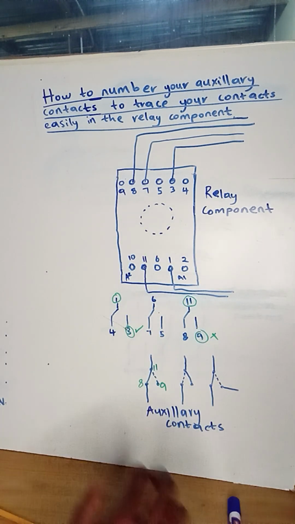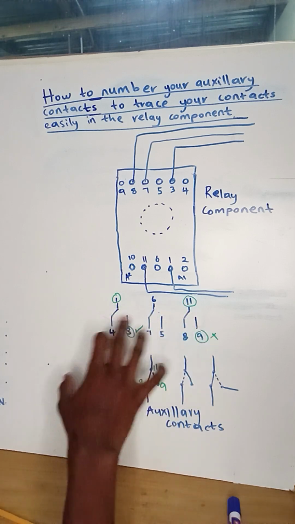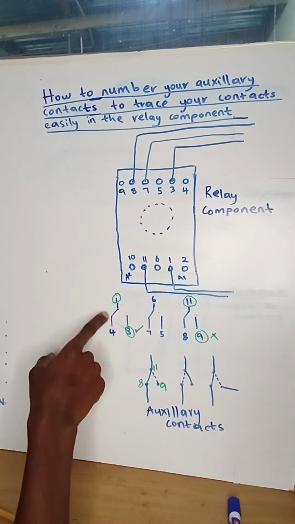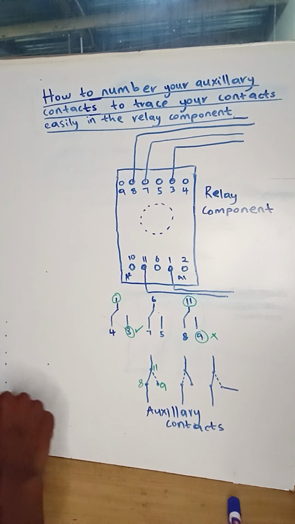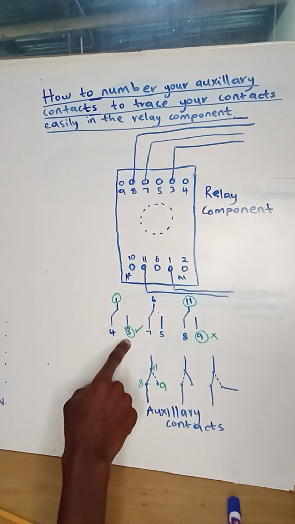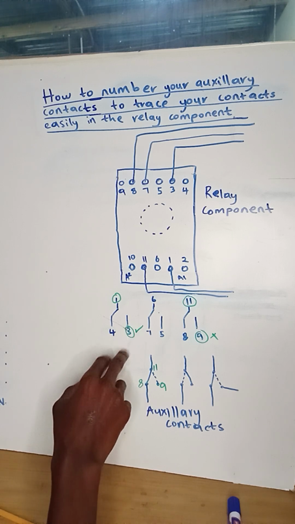So from these two sketches for 1 and 11, I'll use the one with the first common, which has the open contact of number 3.